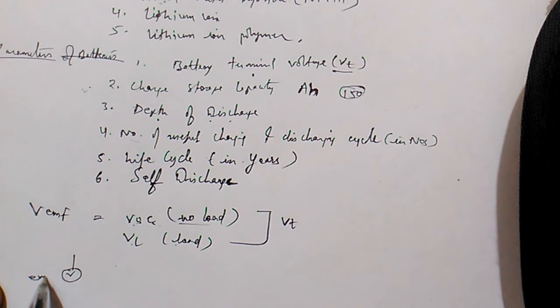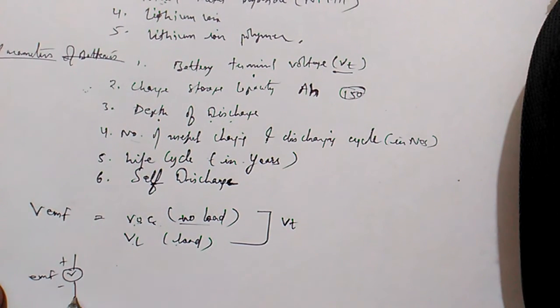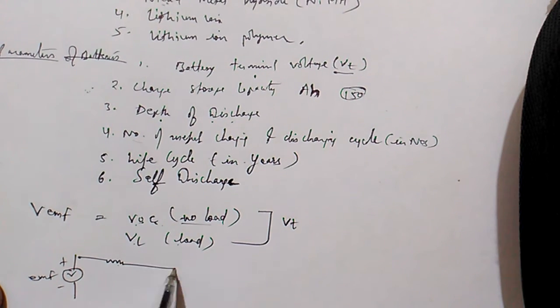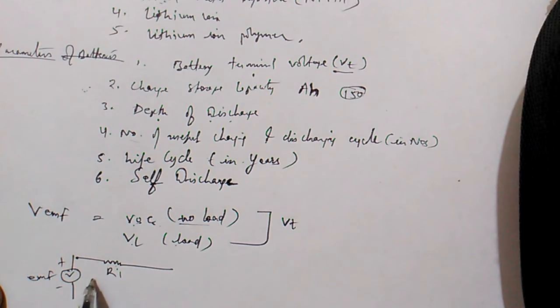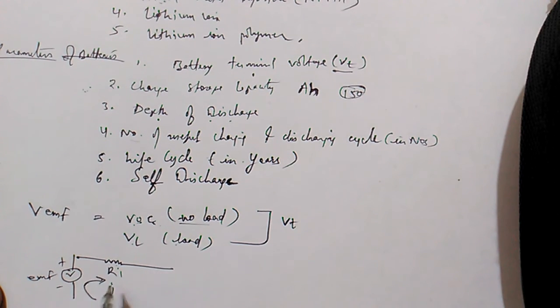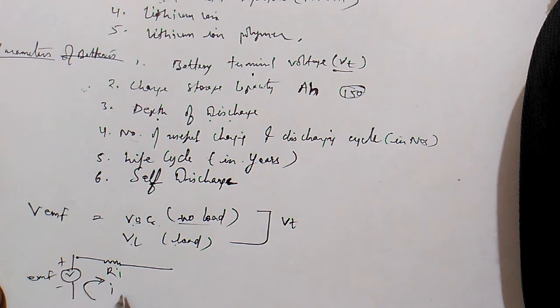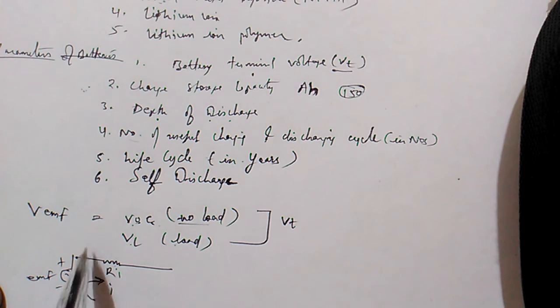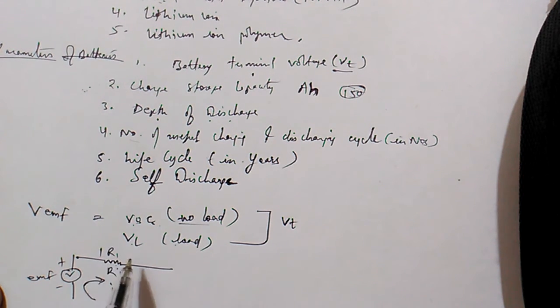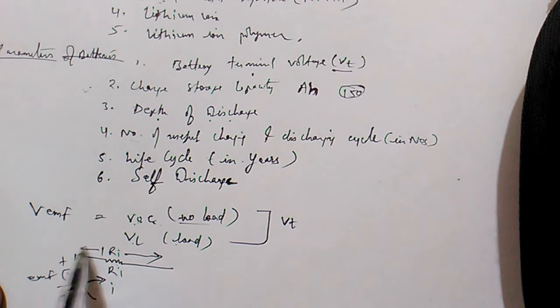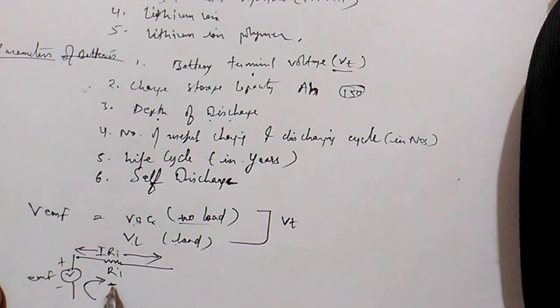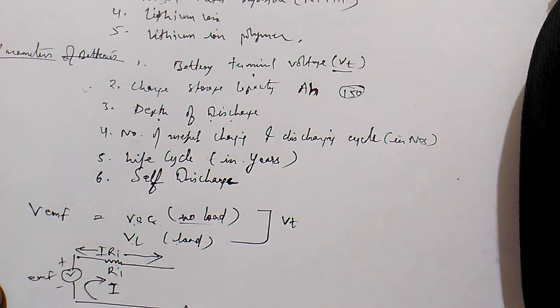And the EMF is there, positive, negative, and some resistance is also there, Ri, and this is the current I. Ri is the internal resistance, I is the current flowing, and this is the voltage drop across it, I Ri.